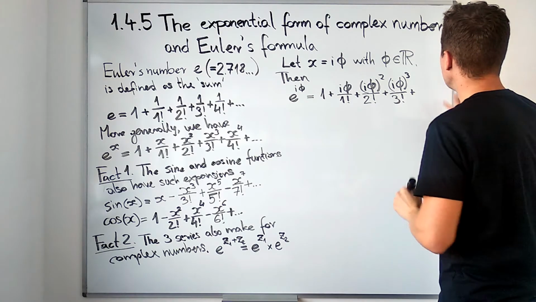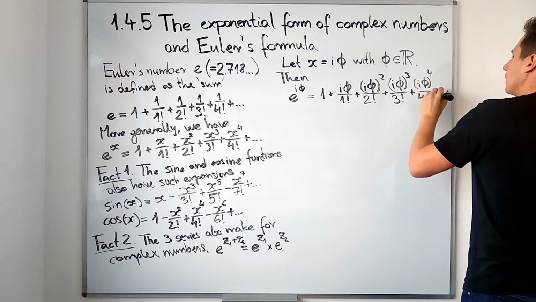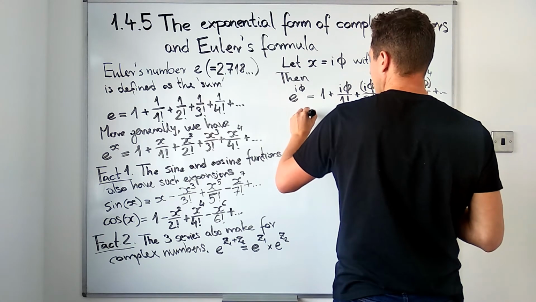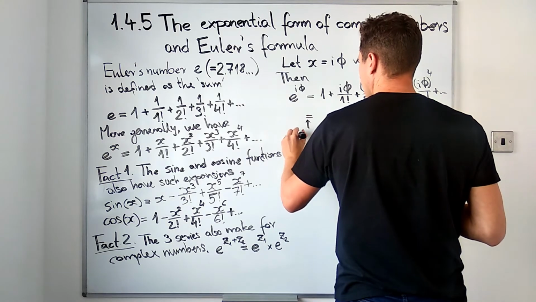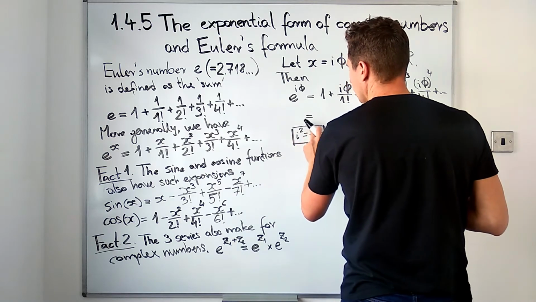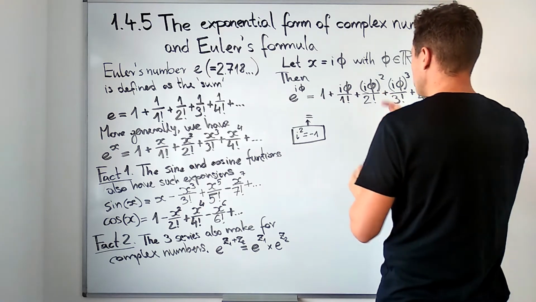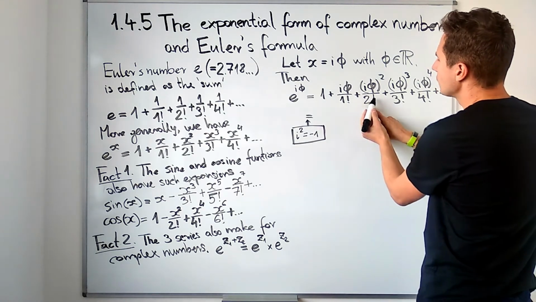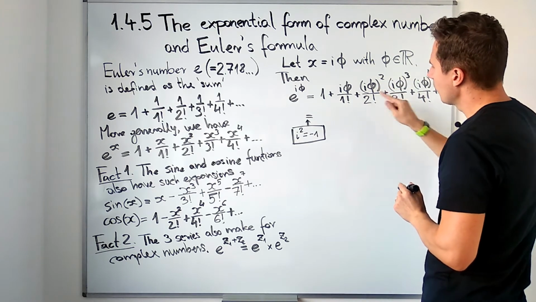What I would like you to notice, let me just write out the 4th power as well, is that using the relation that i squared is equal to -1, the main defining relation of complex numbers, we can rewrite this expansion. You will see the powers of i appearing, and for example in this 3rd term we have i squared giving us -1 times phi squared over 2 factorial.